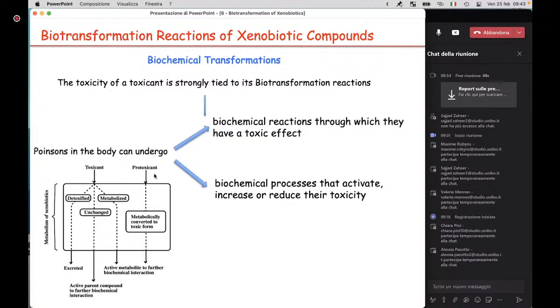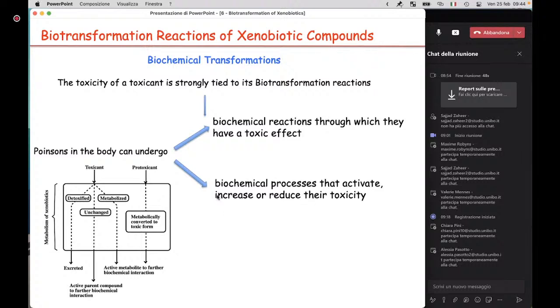This means that they are not toxic when they are absorbed, but the biotransformation, the so-called metabolism of the body, modifies them into some toxicant. So the original molecule is the protoxicant, and then it is the body that transforms it into a toxicant.